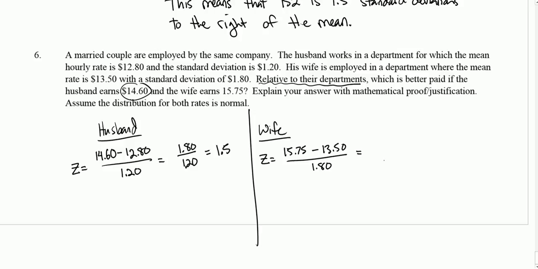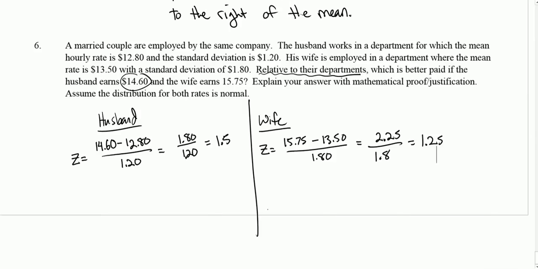For the wife, we have 15.75 minus 13.5, which is 2.25, over 1.8, which is 1.25. Notice how the husband's z-score is greater than the wife's z-score, so which is paid better?